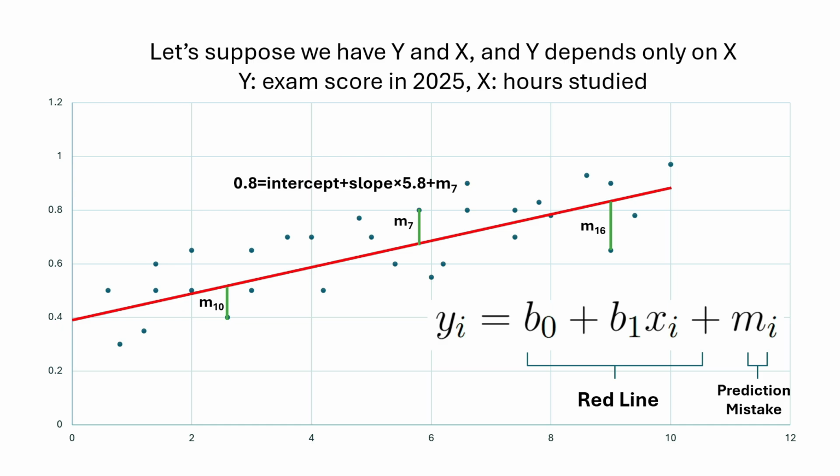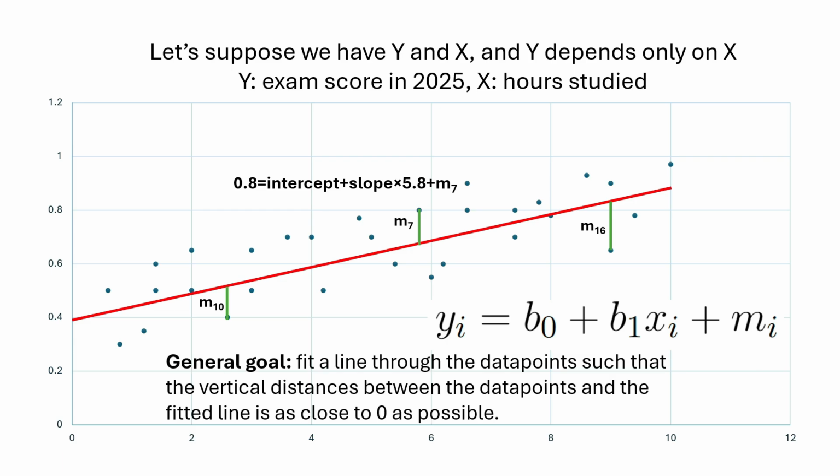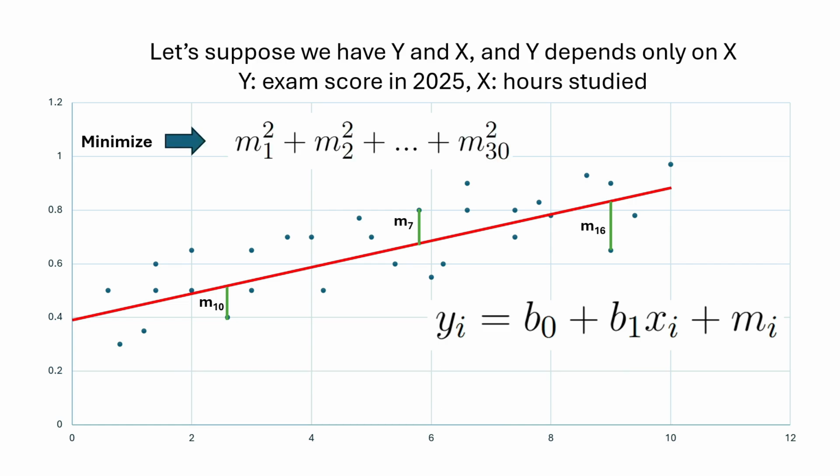So across the data points, we're going to have a mix of positive and negative numbers for M, or prediction mistakes. And prediction mistakes are important because, as I explained already, the general goal is to fit a line through the data points such that the vertical distances between the data points and the fitted line is as close to zero as possible.